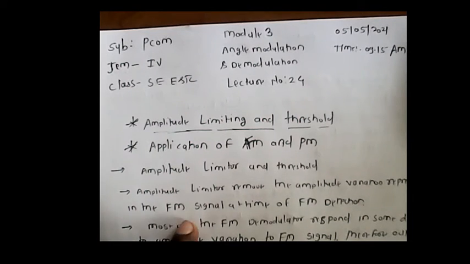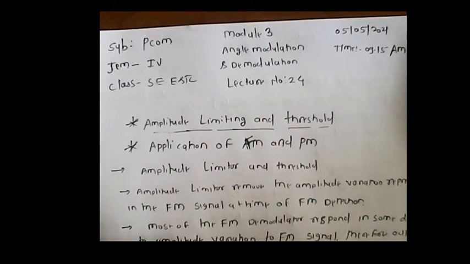The amplitude limiter removes the amplitude variation present in the FM signal before the FM detector. So the amplitude limiter is a circuit which removes the noise in FM modulation, before the signal is given to the detector.